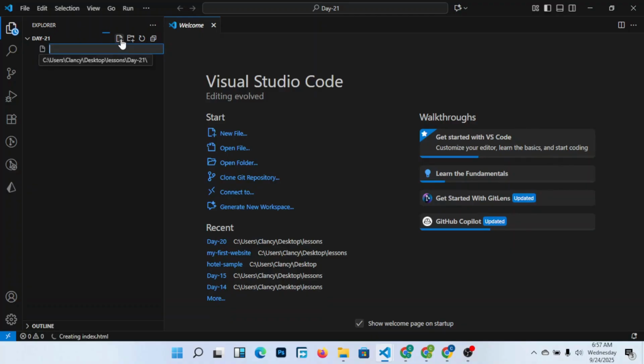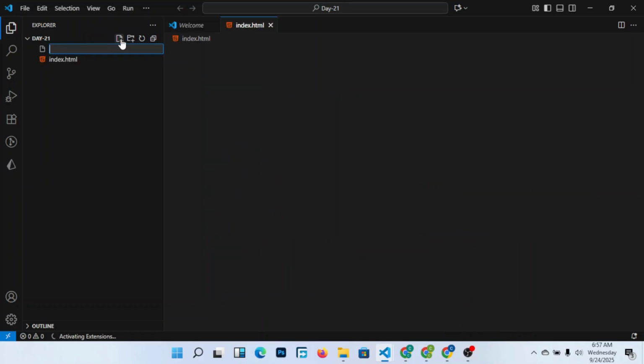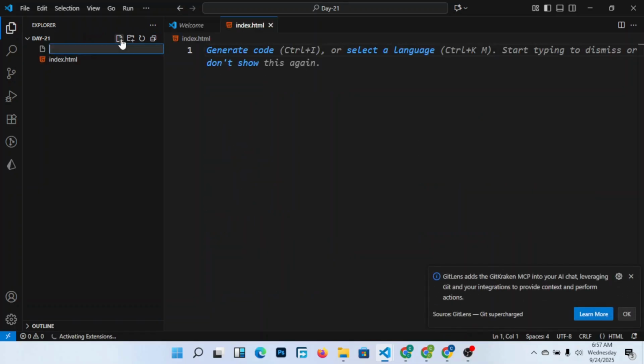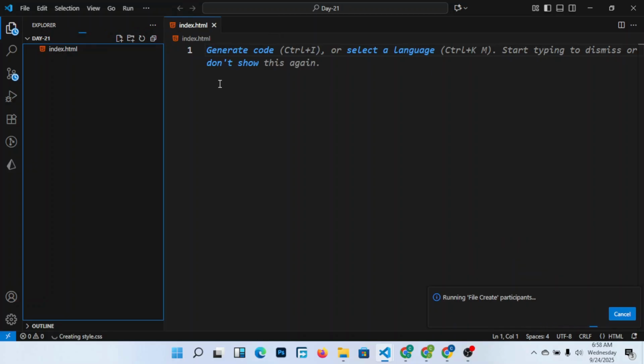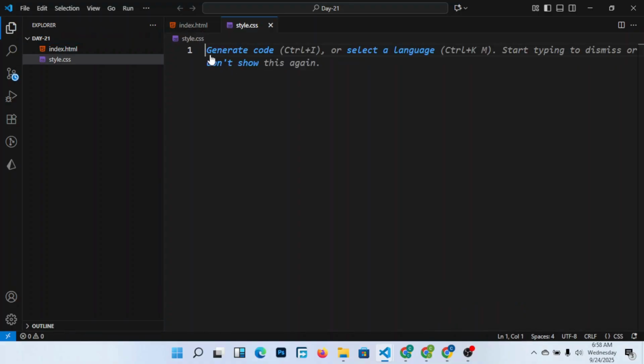And I come here. I say style.css. I say, let's see if we have done an example. Okay, so style is there and index is here.